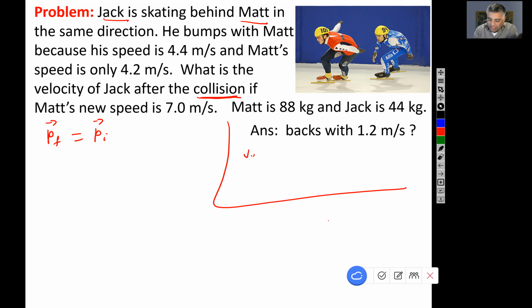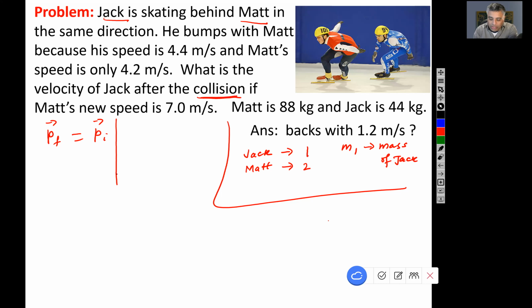Let's say Jack is portion of interest number 1 and Matt is portion of interest number 2. So now when we write m1, that means the mass of Jack. So let's write those down.